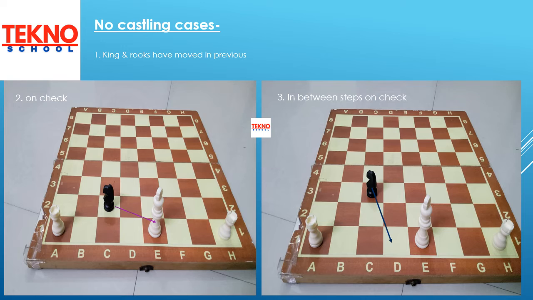No castling cases. There are a number of cases when castling is not permitted: when the king has been moved earlier in the game, when the rook that you would castle with has been moved earlier in the game, when there are pieces standing between your king and rook, and no castling in check.